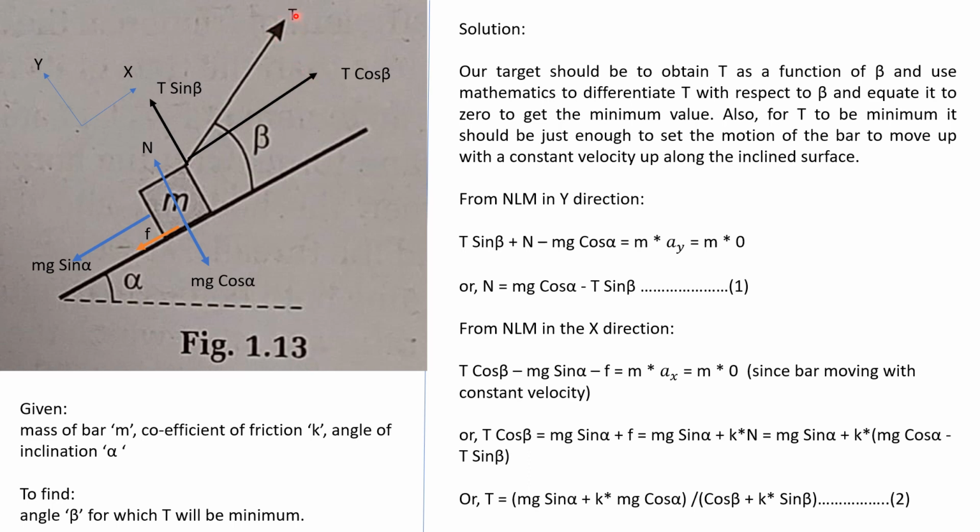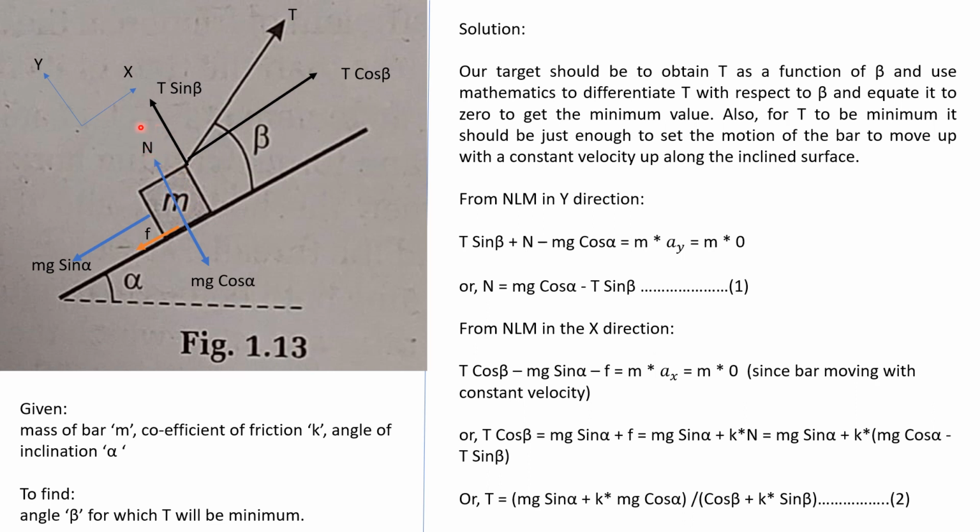When you apply the pull T in this direction, a component of it perpendicular to the inclined plane, T sine beta, will reduce the normal reaction force from the inclined plane.